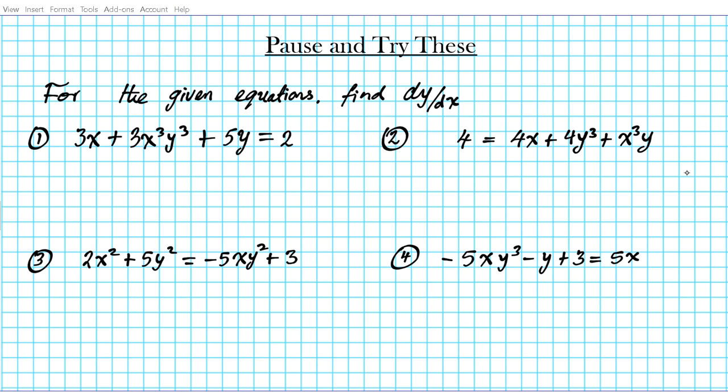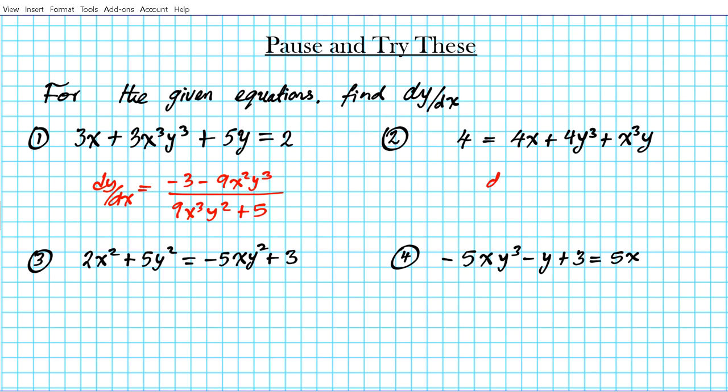Welcome back. All right, let's take a look at what the solutions are. So for the first one, dy/dx is equal to negative 3 minus 9x squared y to the third divided by 9x to the third y squared plus 5.